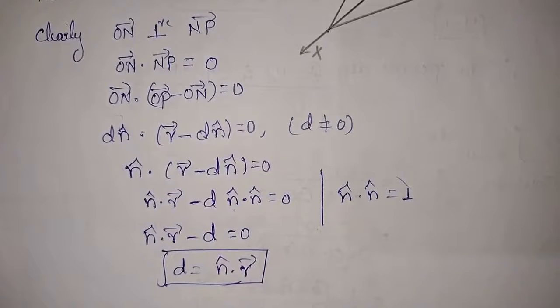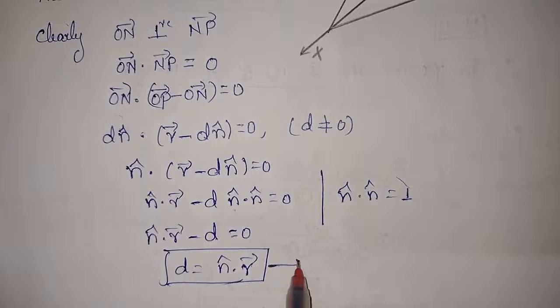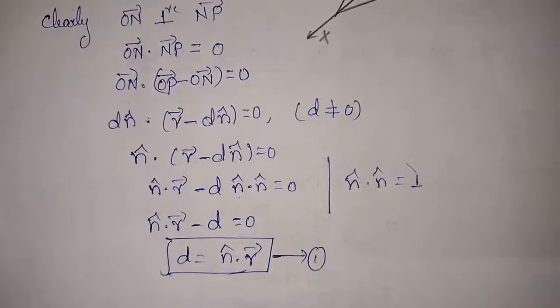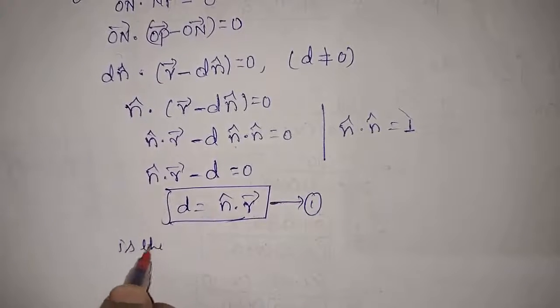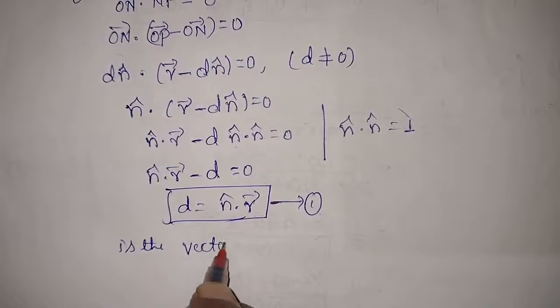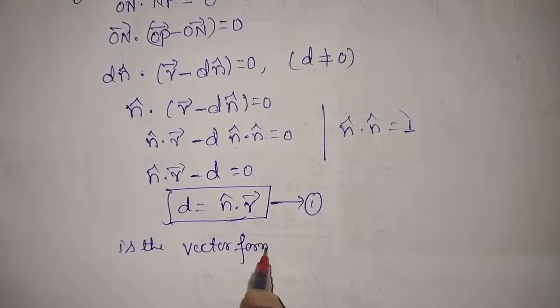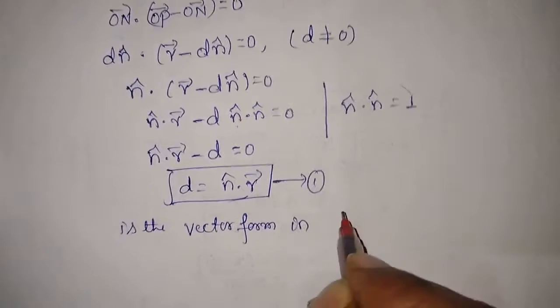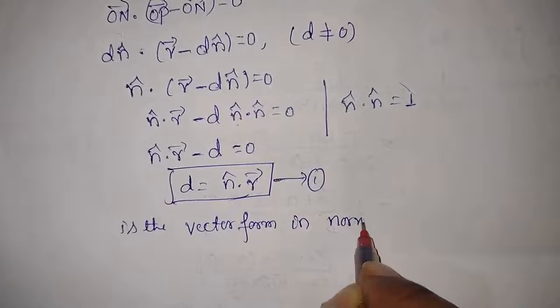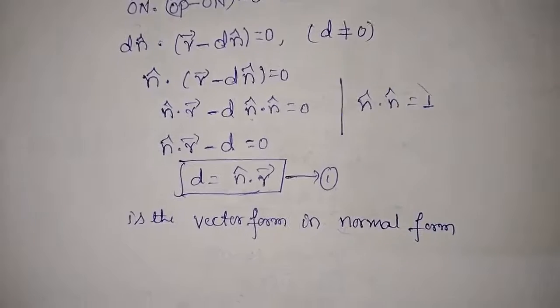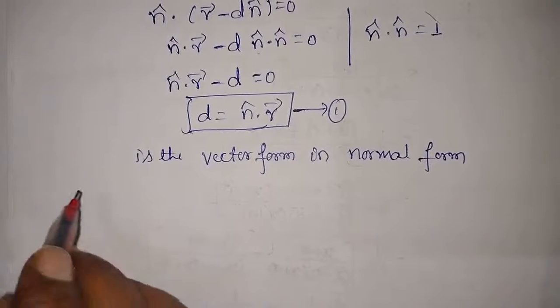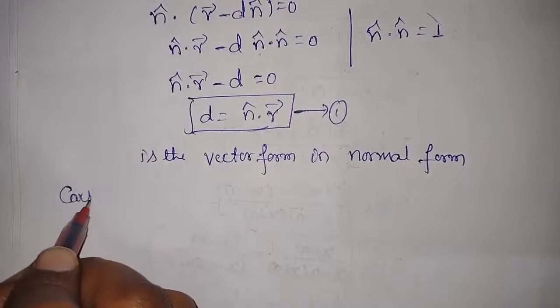This is the required equation number 1, the vector form in normal form. Clear? Next we have to prove the Cartesian form.